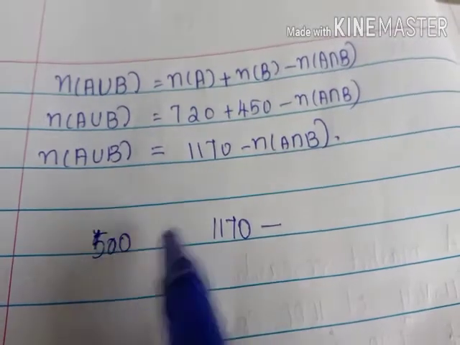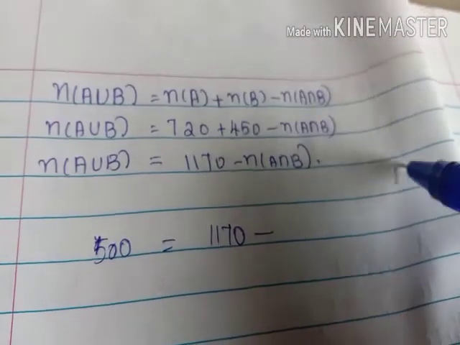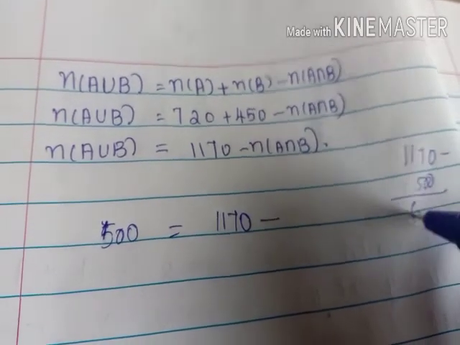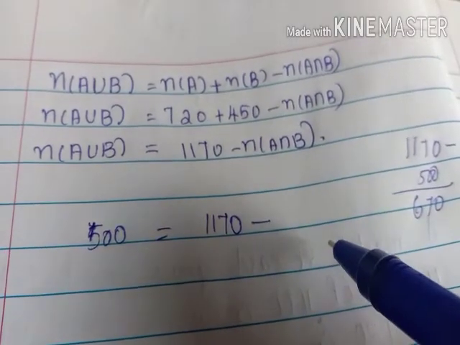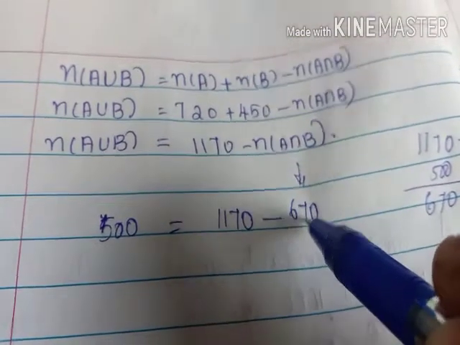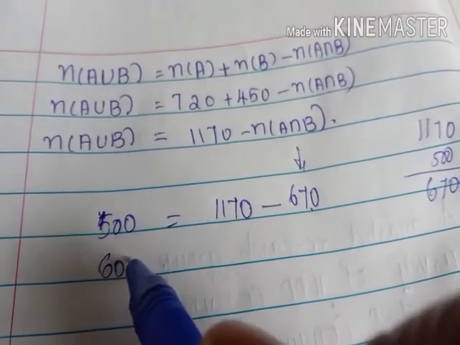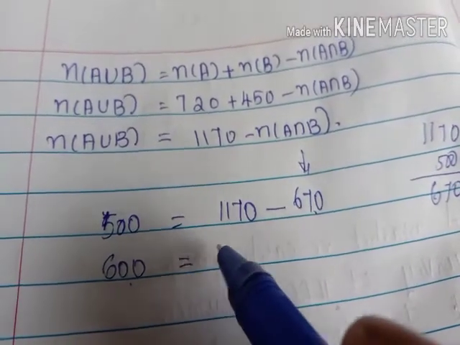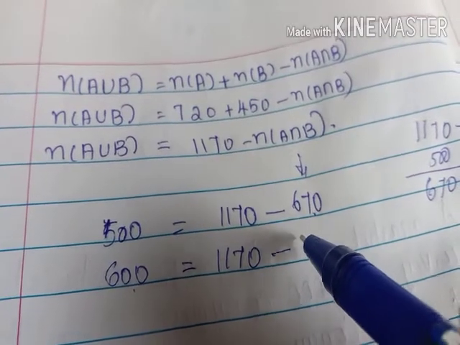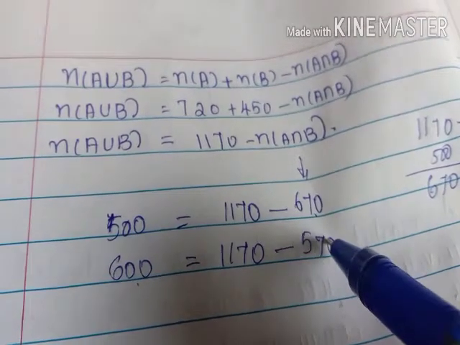To obtain 500, what is the answer? 1170 minus 500, that is 670. So n of A intersection B becomes 670. If we take n of A union B as 600, then n of A intersection B becomes 570, isn't it?